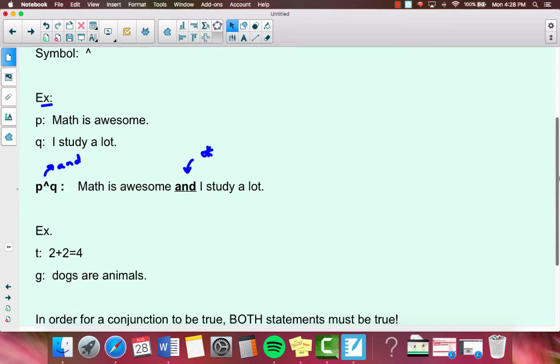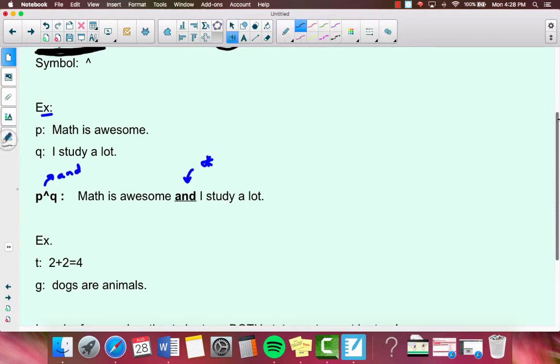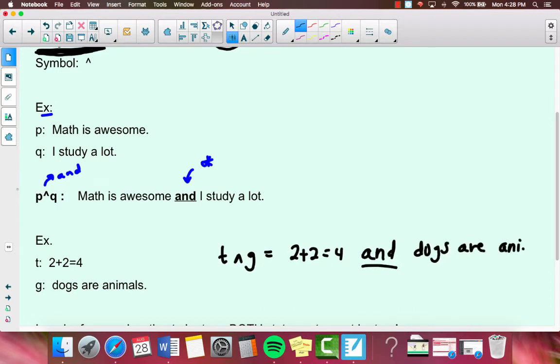If I'm going to ask you to write a compound statement, it might look something like this: T and G. So we could write this out: 2 plus 2 equals 4, and dogs are animals. There's my sentence, and you want it to read correctly. If you have to add a few extra words so it reads like a nice sentence, make sure you do that. It needs to have relatively proper grammar in it.